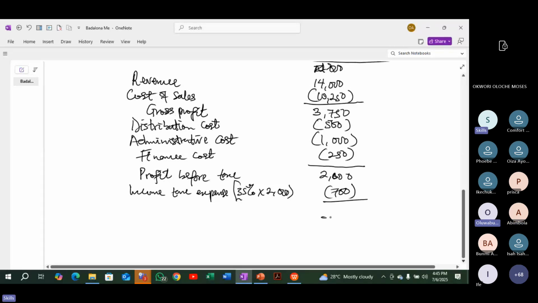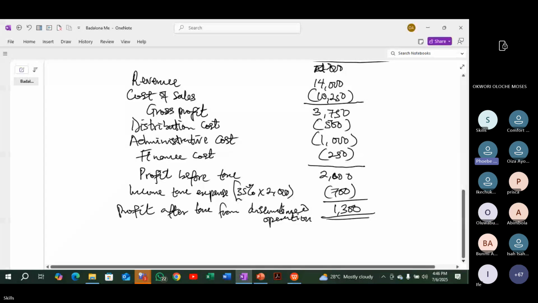So then I have profit after tax from discontinued operation. Accountants, how much is that? 1,300. It is straightforward. What you need to do now is come here.